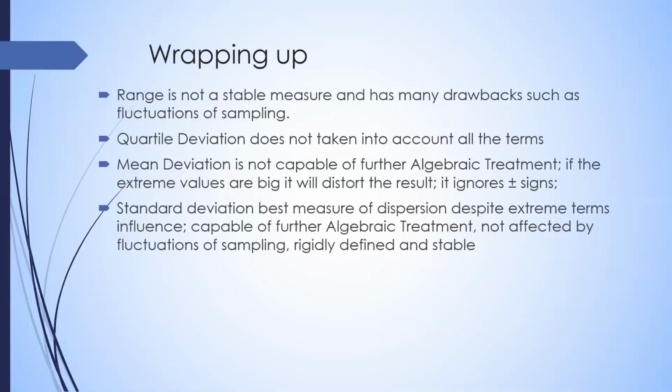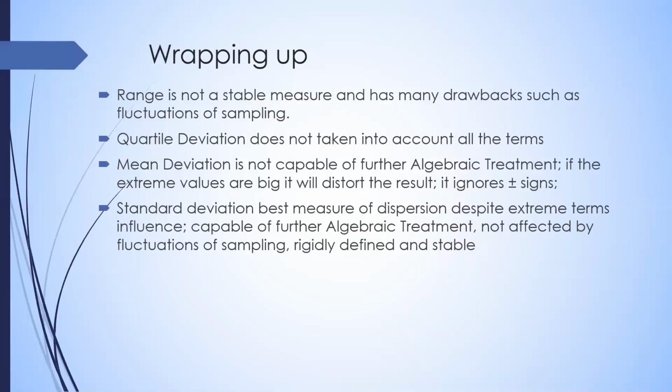Quartile deviation does not take into account all the terms, though it is not affected by the extreme end values. And mean deviation is not capable of further algebraic treatment. If the extreme values are big, it will distort the result, because the mean and the median are taken into consideration. Plus it ignores the positive and negative signs, that is, it ignores the signs of the deviations.